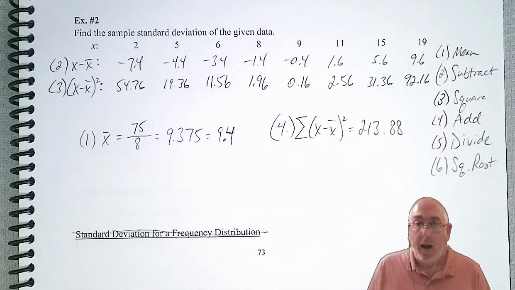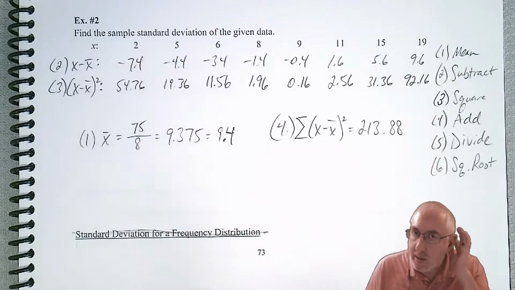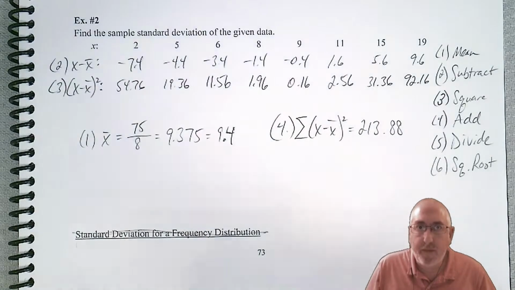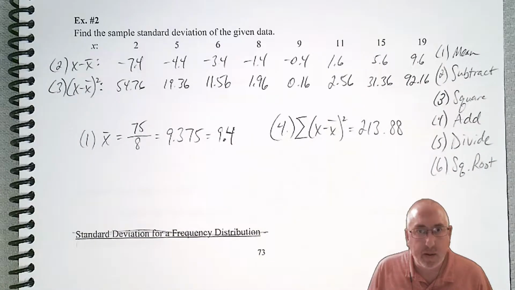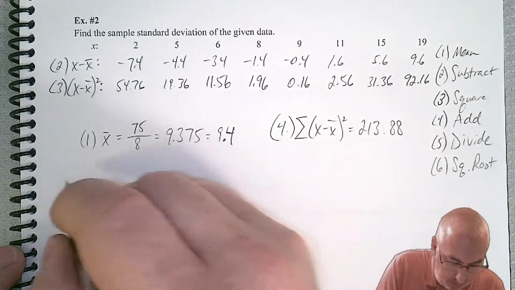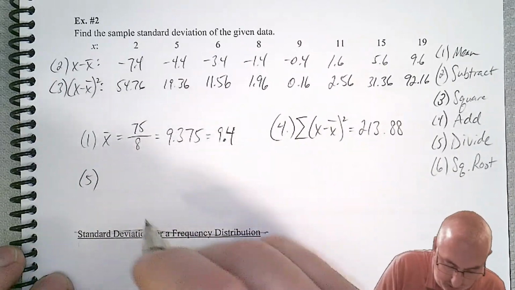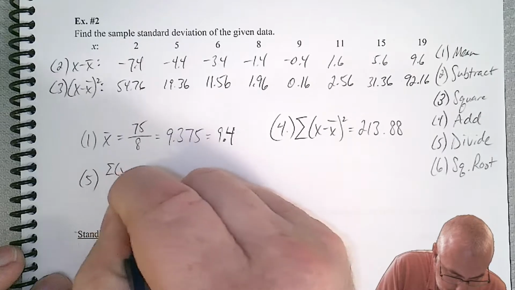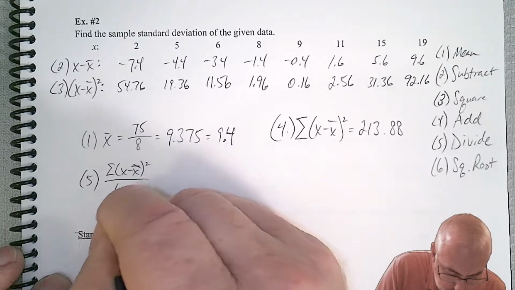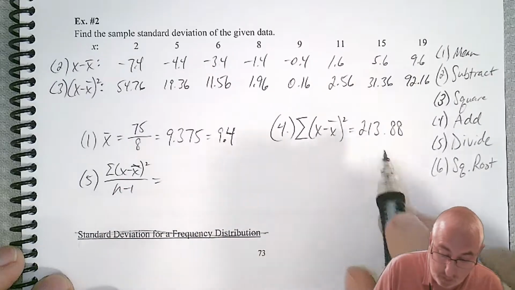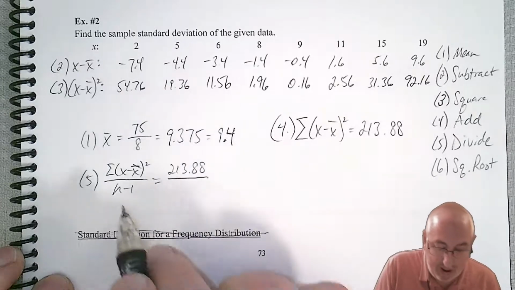I like to write the little preface here, but it's not absolutely necessary if you're following through the process. To show your work, though, this is always a nice way to do that. All right, 2 more steps. Step 5 is divide. We have our sum, 213.88, over n minus 1.